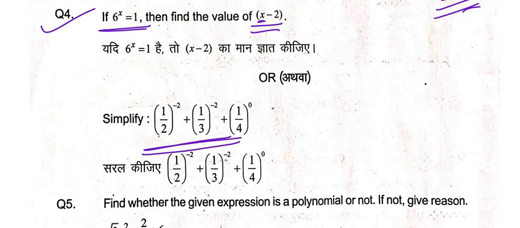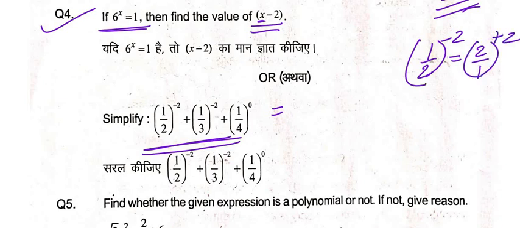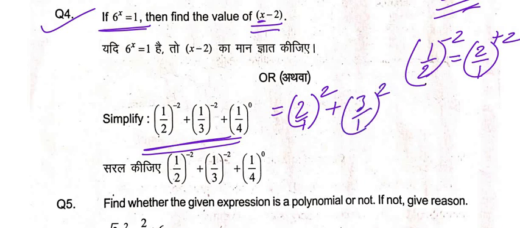So as you know that 1 upon 2 whole to the power minus 2 will be written as positive if you take the reciprocal. So 2 by 1 whole to the power plus 2 it will be written because you will take the reciprocal. So what you will write? 2 to the power 2, because 2 by 1 is the same thing, plus 3 by 1 whole to the power 2, plus 1 by 4 whole to the power 0.